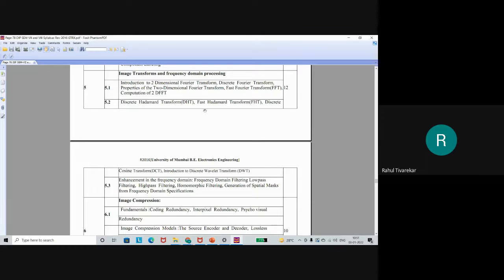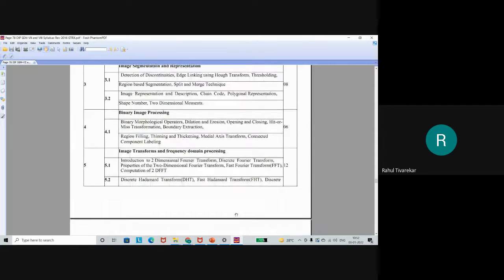Then we will see some other transforms such as the discrete Hadamard transform, DHT, fast Hadamard transform, cosine transform, and discrete wavelet transform. These are the specific transforms which are very popular in digital image processing in the frequency domain, and we will be learning them.